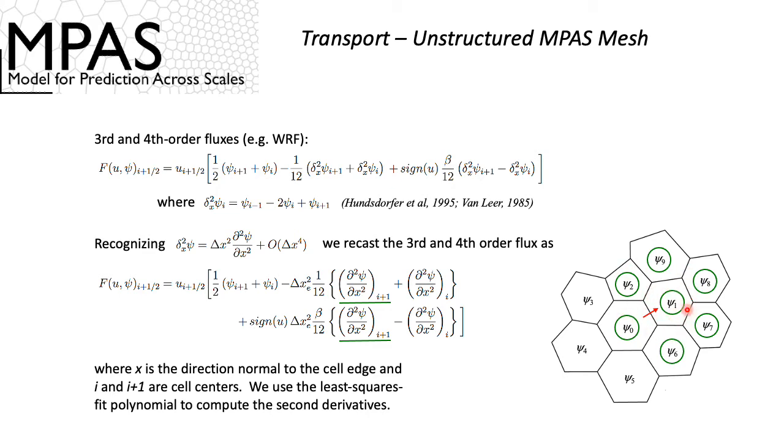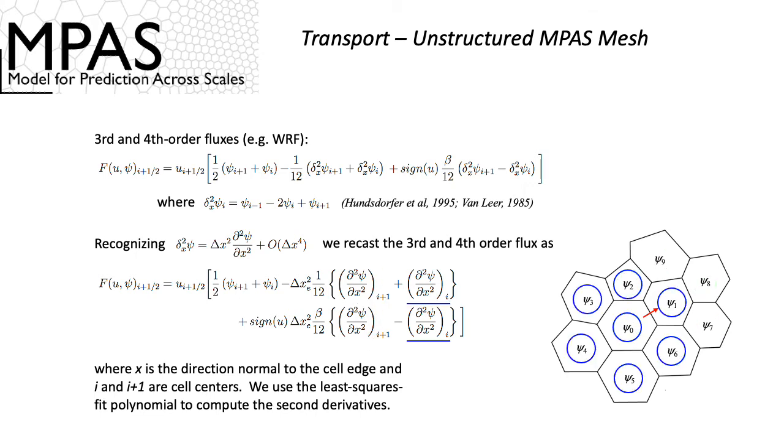We've got a hexagon here, so there are 6 neighbors, a center value and 6 neighbors. That's what we need to compute the derivatives for this piece here. And likewise, for the derivatives at psi 0 here, along that edge, we use these 7 values, as denoted by the blue circles, to compute the blue underlined terms.